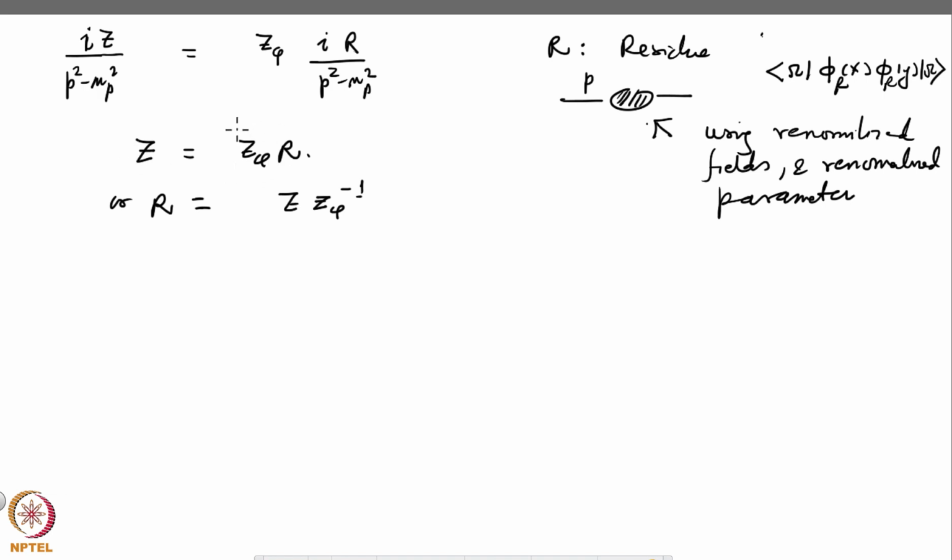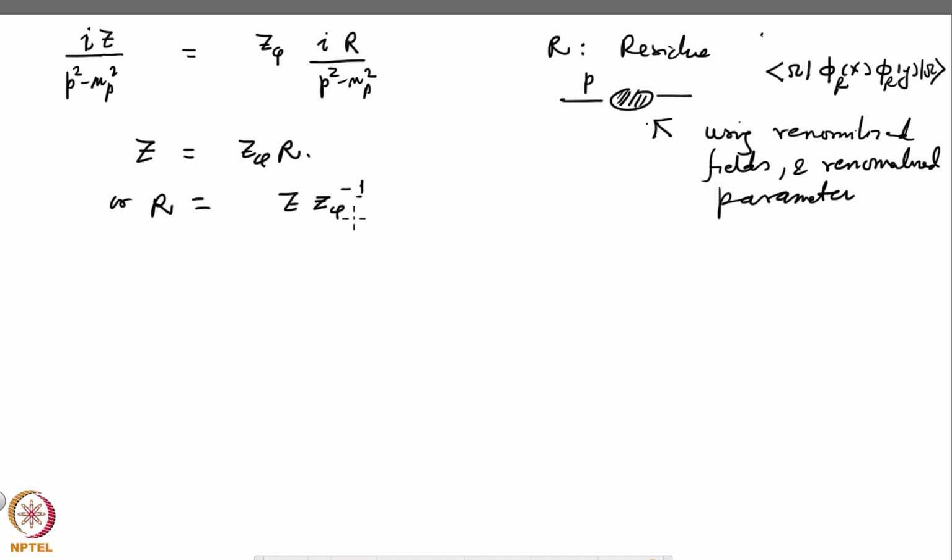The wave function renormalization constant Z_phi is the same as the Z which we had introduced earlier. But in general, if you are not using such a scheme, you will have a residue R which will be different from 1, and it will be related to Z_phi and Z by this relation.